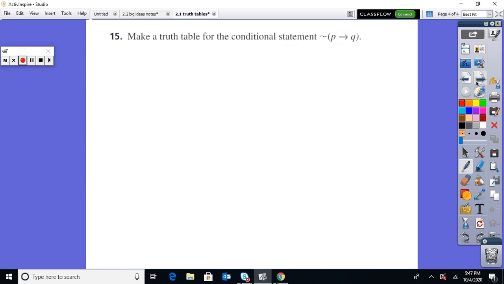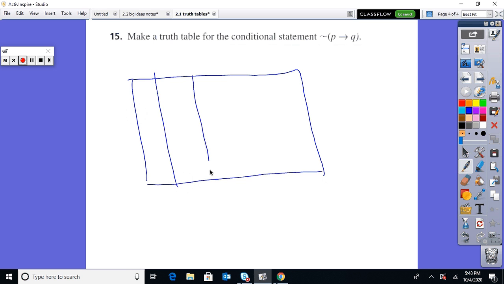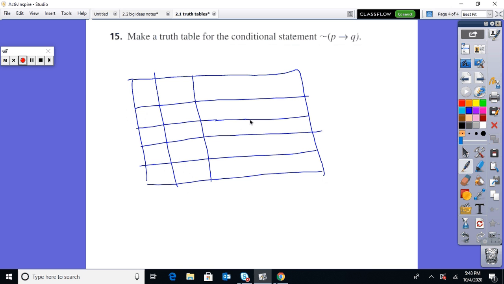And 15. Making a truth table here. Always start out with P, Q, true, true, true, false, false, true, false, false. Now I want, well, okay, check this out.